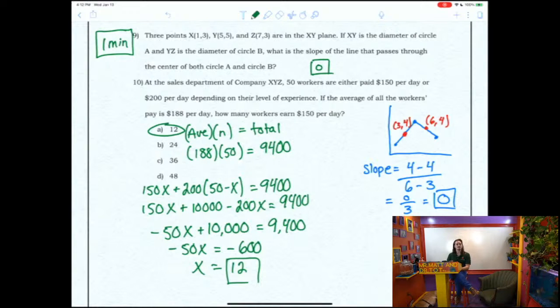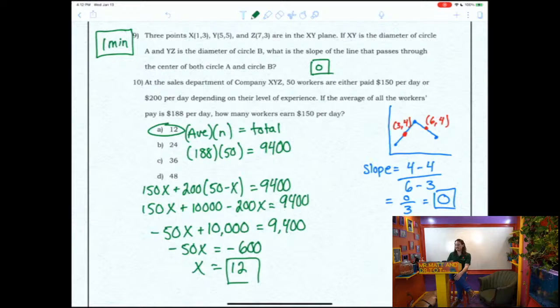It's only because there's only one missing component, and we know the total sum. So if x workers make $150 a day, then 50 minus x, the total number of workers minus the number who make $150, has to equal the number of workers who make $200 a day. So we can write an equation setting it equal to the total cumulative amount of money earned every day.